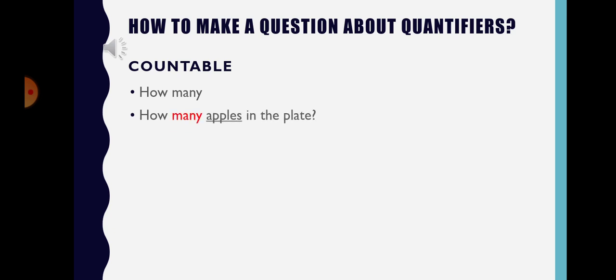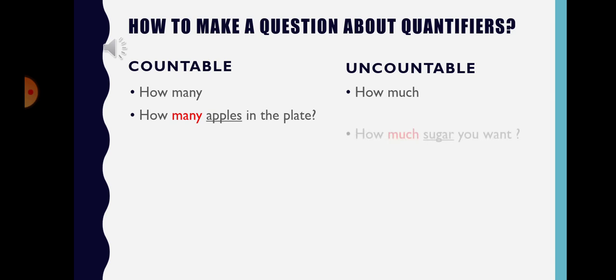How much is for the uncountable, like how much sugar, how much water, how much rice. The thing that I cannot count, I'm going to use how much. So how many for the countable, how much for the uncountable.